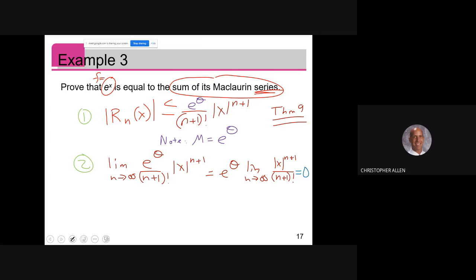This has to be 0 by theorem 10 on these slides, right? Factorial is growing faster. This denominator, no matter what x you put up there, is going to grow faster. That's exactly the right way to think about it. And now we're almost done.